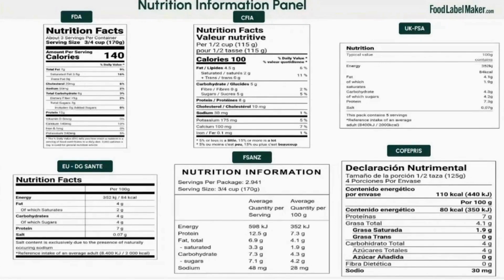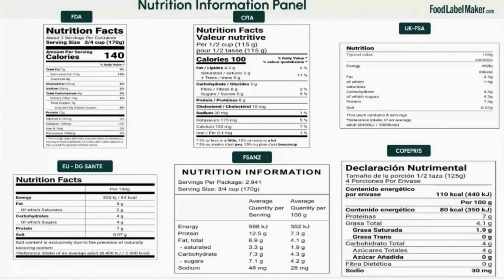When it comes to the European Union and the UK, both take a completely different approach. The primary basis is always 100 grams or 100 milliliters of product, as you can see on both labels. And usually this makes it easier for consumers to compare products. The per portion information may be added, but it's optional.